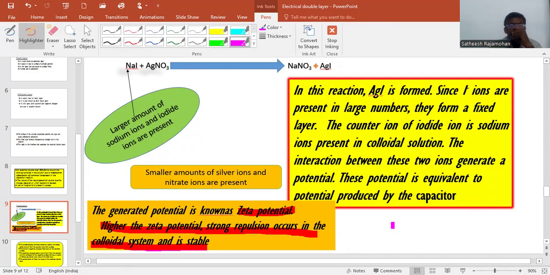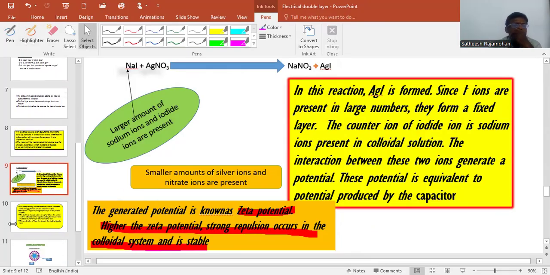So the generation of the zeta potential is very, very important. Where does the zeta potential generate? At the interface of the diffused layer and the Stern layer.